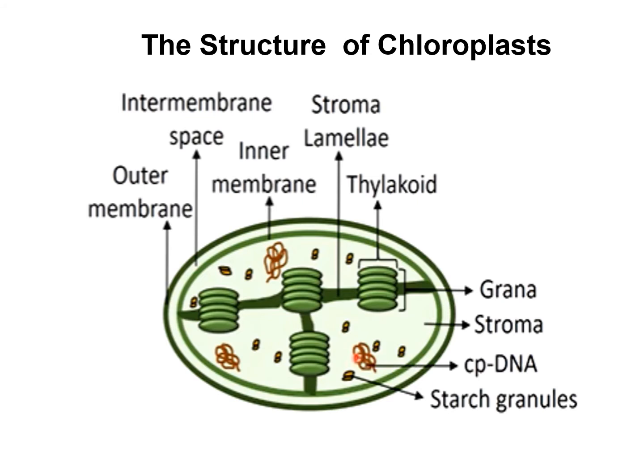The chlorophyll is found in the thylakoids, which are the site for the light reaction of photosynthesis. The thylakoids are arranged in stacks known as grana. Each granum contains around 10 to 20 thylakoids.